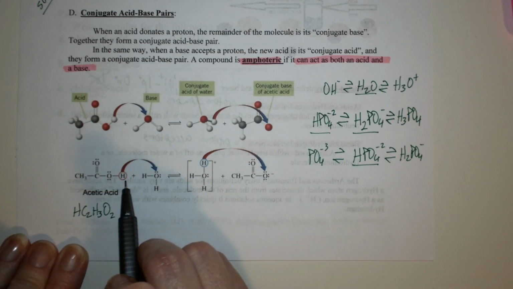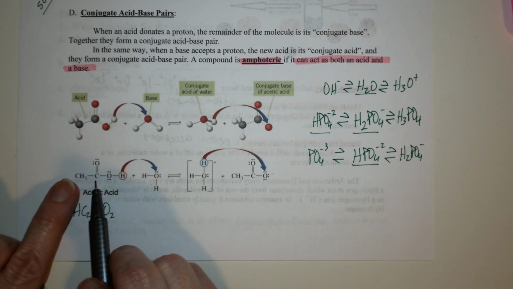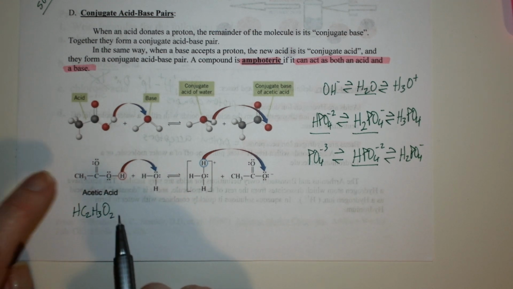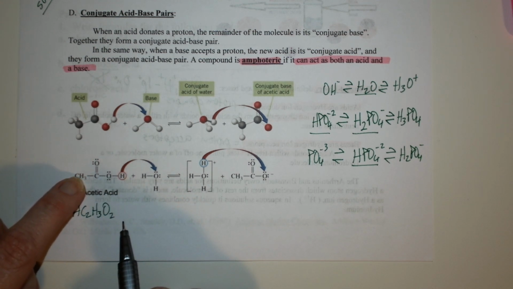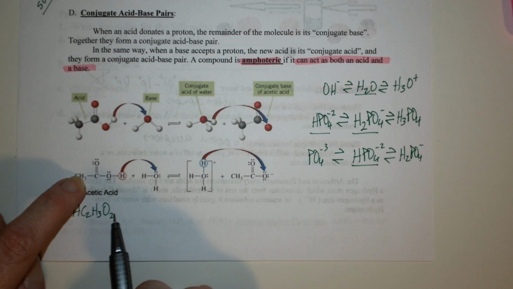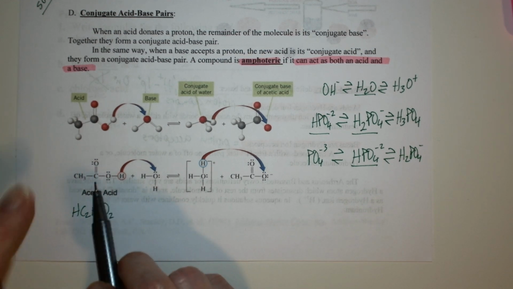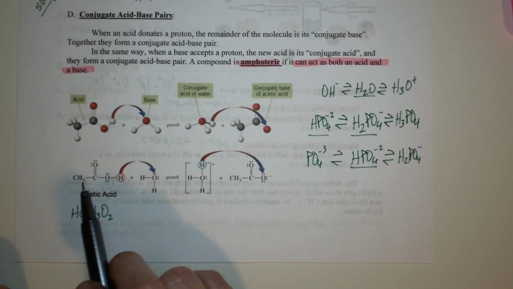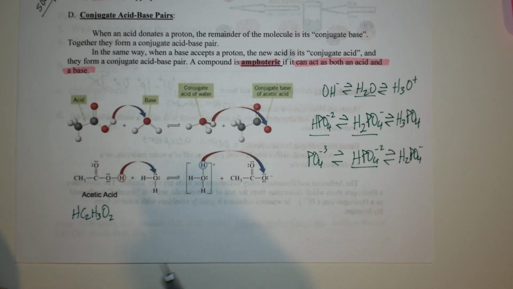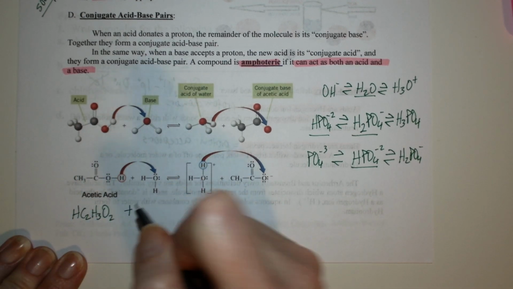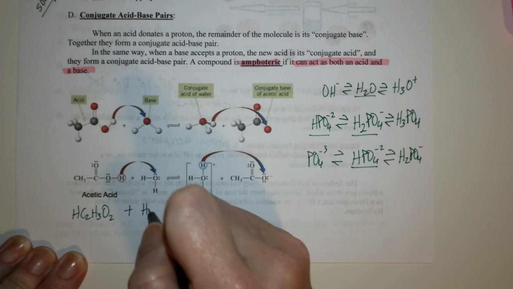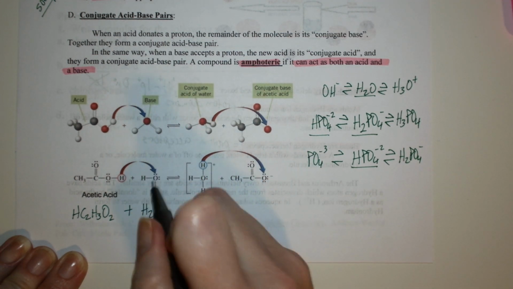There are 2 C's, there's 3 H's off of one of the C's, and there's 2 O's. HC2H3O2. That's acetic acid.